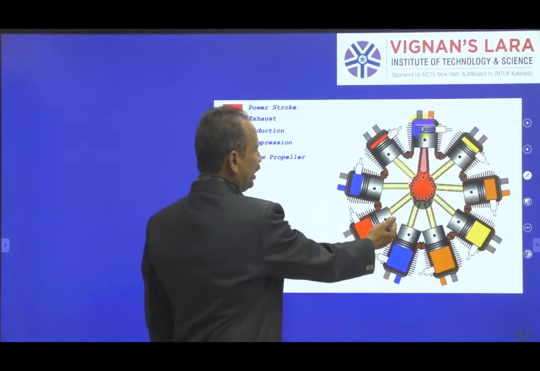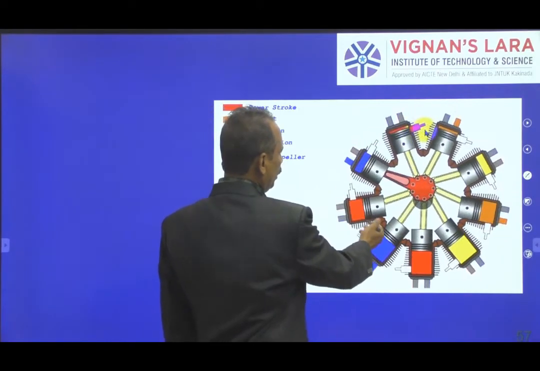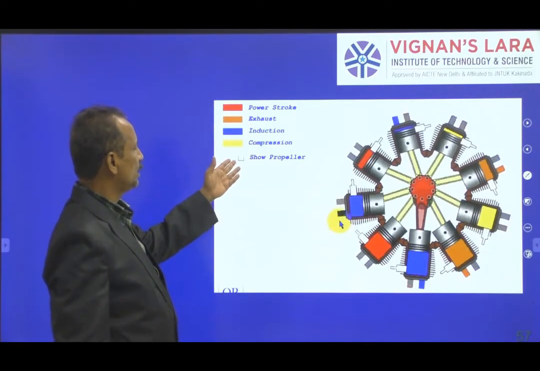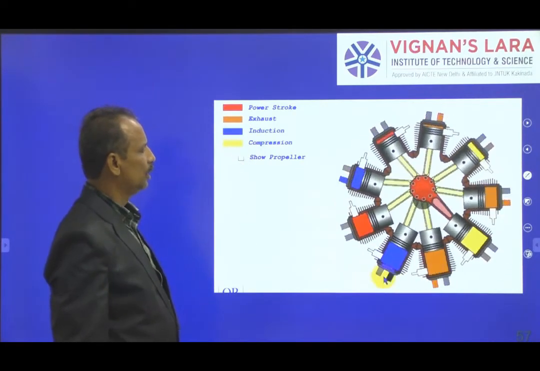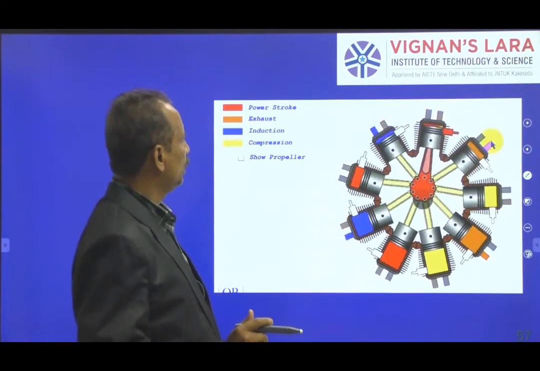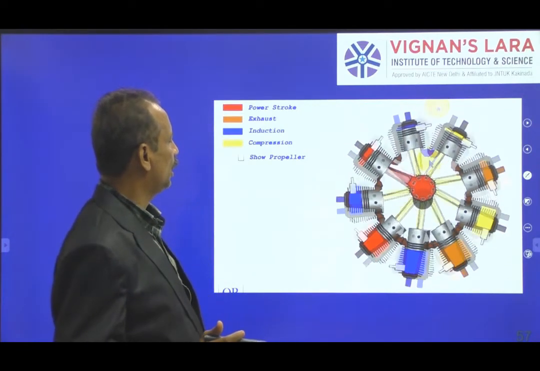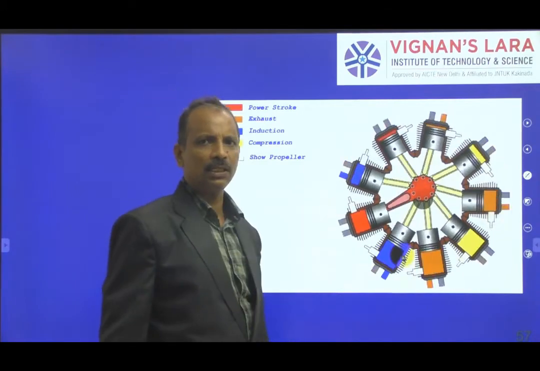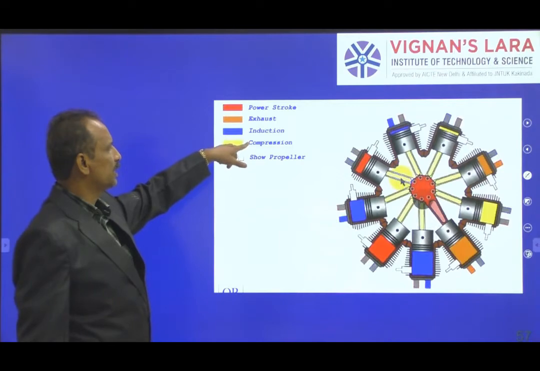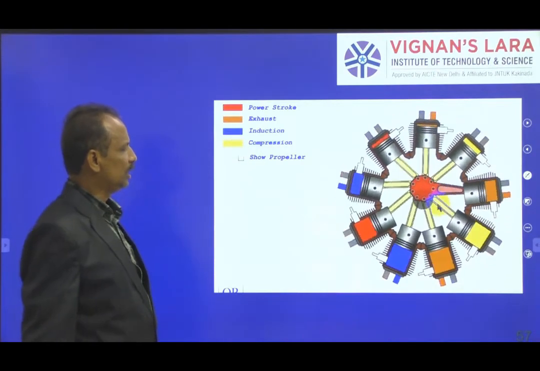You can observe various operations here like power stroke, exhaust, suction and compression. Of course, you are in 2-2 course. I think in this semester or next semester you will be dealing with IC engines. That time you will realize what is power stroke, what is exhaust stroke, what is suction, and what is compression.